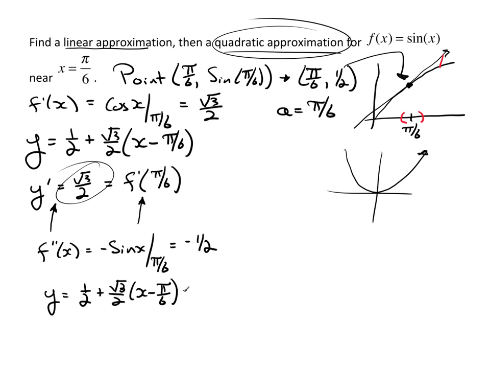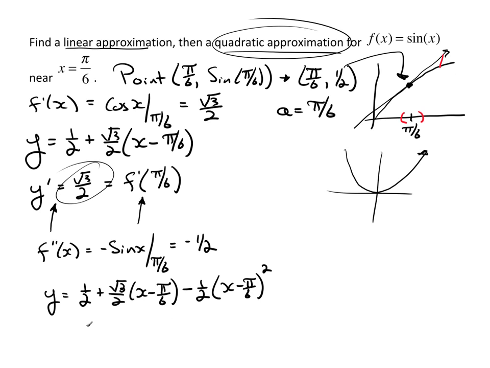There's my linear approximation. I'm going to add to it the quadratic term, which will be negative 1/2 times x minus pi over 6 squared. And sure enough, this is a negative quadratic, so I'm going to have concavity that should look something like that.